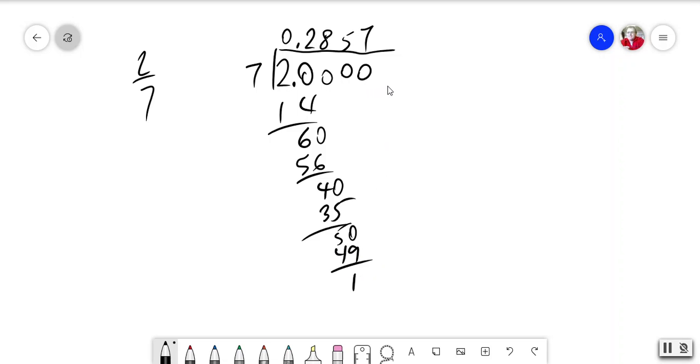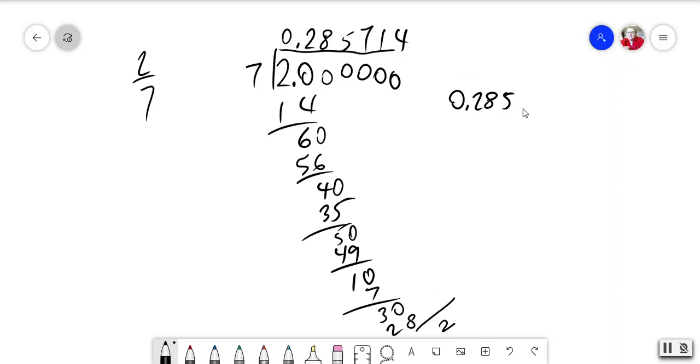That gives 1. 7 times 1 is 7. That gives 3. 7 times 4 is 28. I'm running out of room here. And my remainder is 2. So I'm back. So technically the answer to this, the bar goes over the whole darn thing.